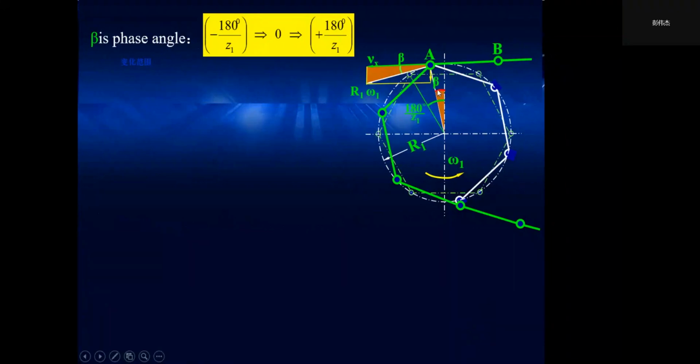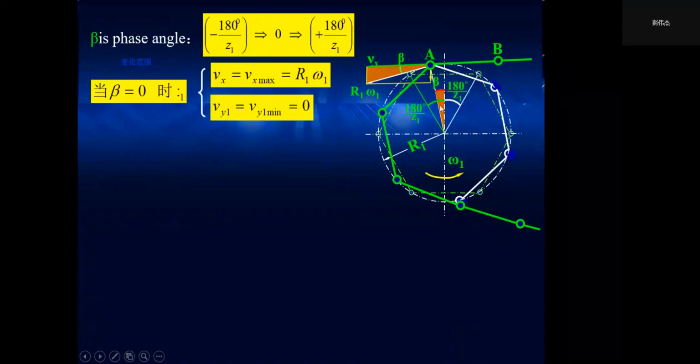If beta is 0, Vx reaches the maximum value, R1 times omega 1, and Vy is 0 when beta is 0.